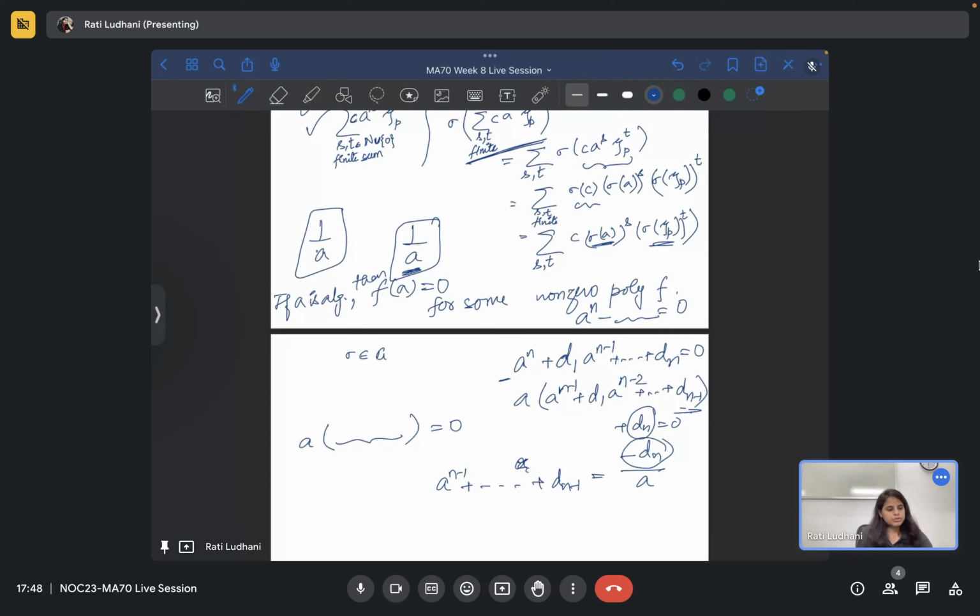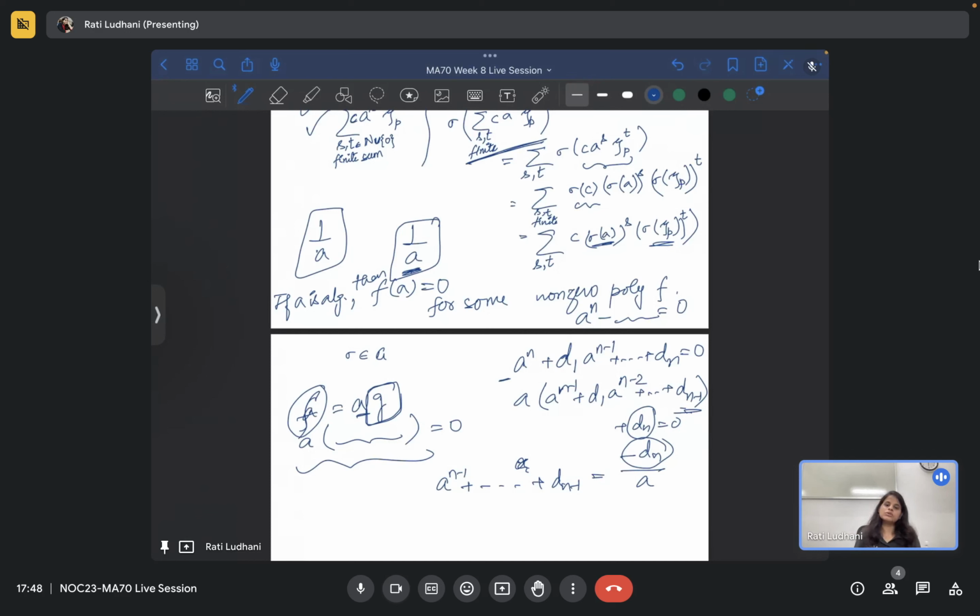If you have a minimal polynomial of the kind f is equal to a times g, where a is the element for which f is a minimal polynomial, then we can also consider g. Because this is an integral domain, we cannot have a product of two elements be 0 unless one of them is 0.